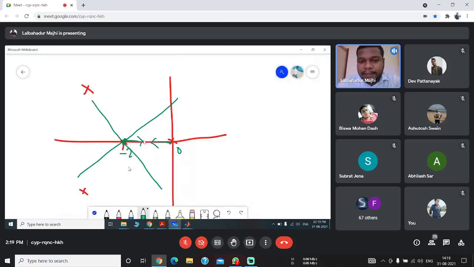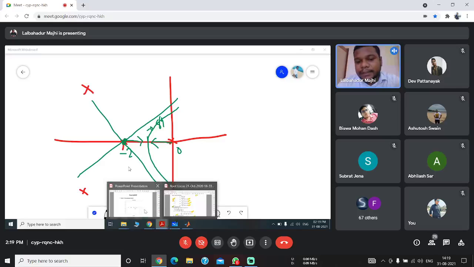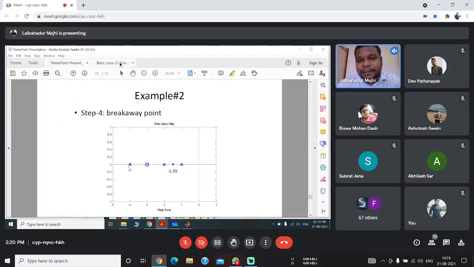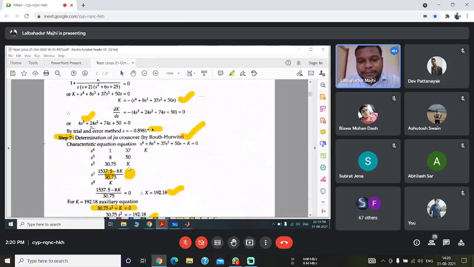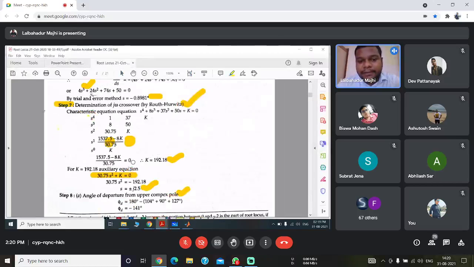So at some point they will meet and they will break. The breakaway point we calculated as -0.89. So at this point they will break and they will cross the j omega axis. We also determined at which point they will cross the j omega axis by the Routh-Hurwitz method.